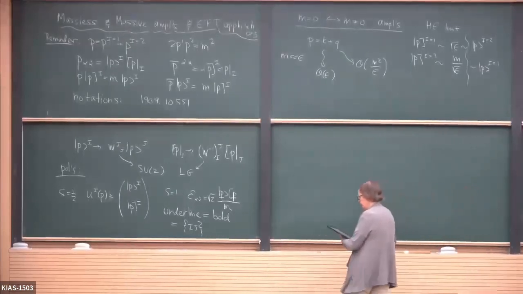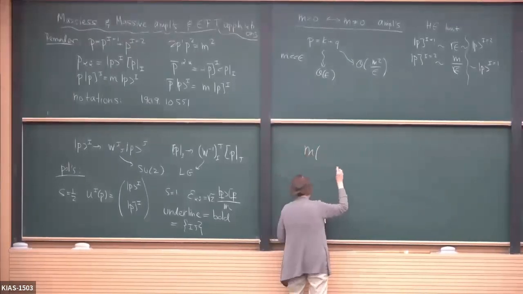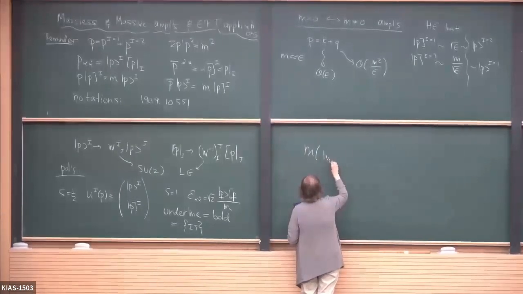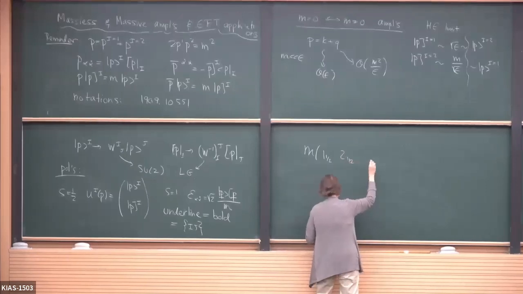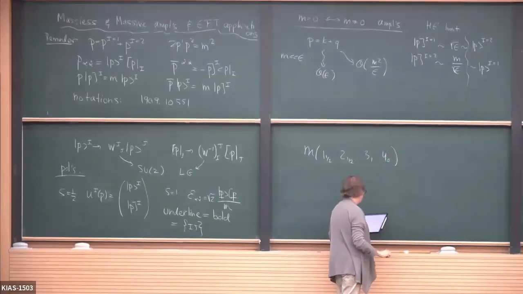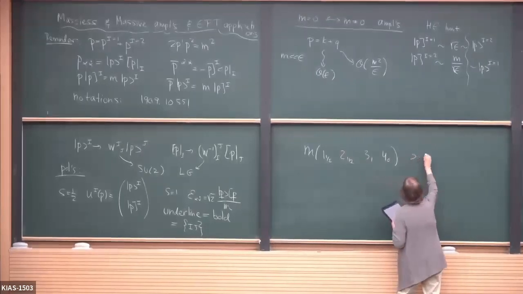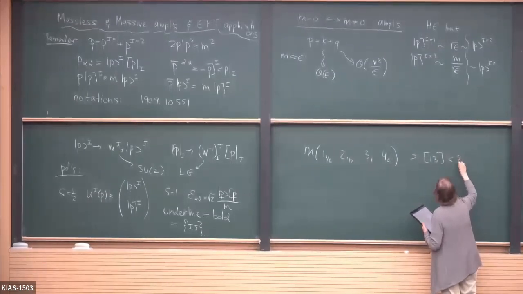Let me take one example. Let me consider an amplitude where 1 is a spin 1/2 fermion, 2 is also a fermion, 3 is a vector, and 4 is a scalar. So here is one term that I can write. Let me actually write this one.